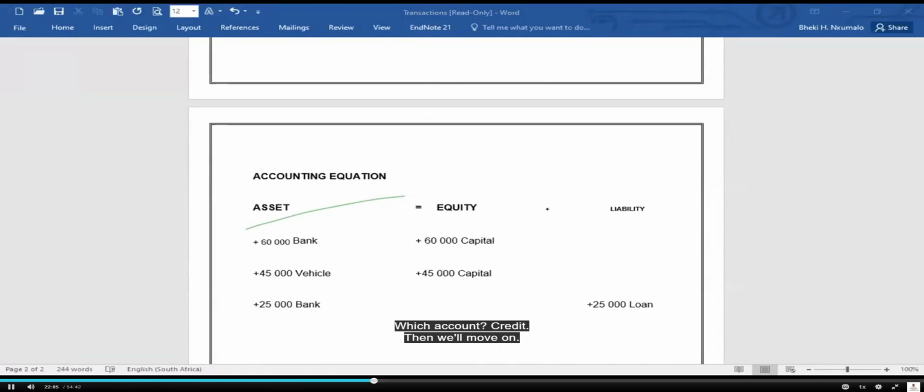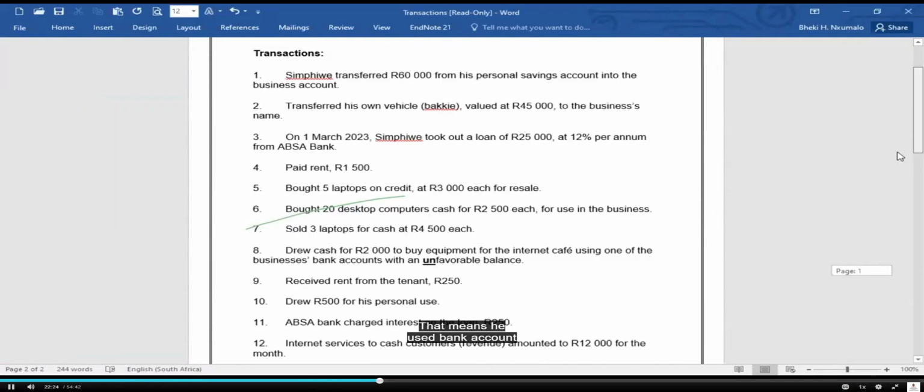All right, let's move to transaction number 4. He paid out rent of 1.5. From that transaction, you'll pick 2 accounts. There is rent paid, which means he used the bank account to pay for the rent. So the asset account, which is bank, is not increasing; there is a decrease.